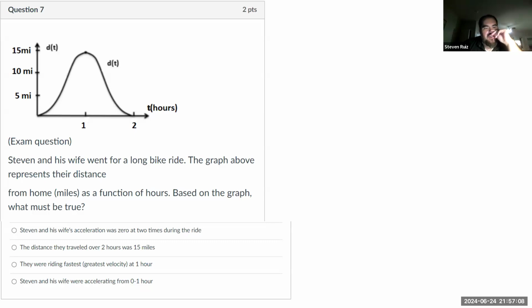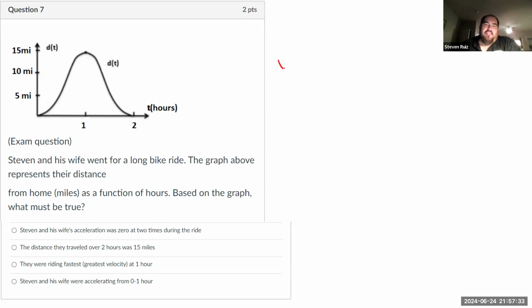Stephen and his wife's acceleration was 0 at 2 times during the ride. What is going to tell me if my acceleration was 0? So this is a distance graph. How are distance and acceleration related to each other, mathematically? We're calling this d of t for distance. Let's write out a string of things here.